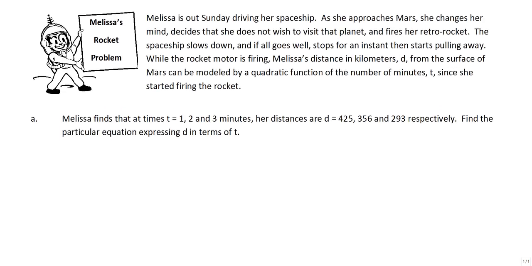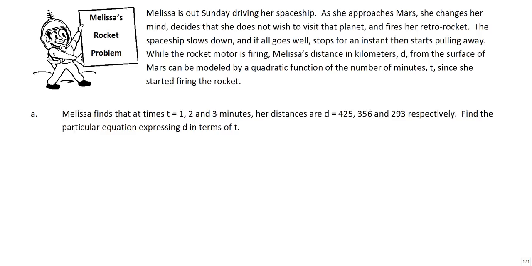So what we are given is some information that says that Melissa finds that at times 1, 2, and 3 minutes her distances from Mars are 425, 356, and 293 kilometers, respectively, which means at 1 minute she is 425 kilometers from Mars, at 2 minutes 356 kilometers, and at 3 minutes she's 293 kilometers from Mars.